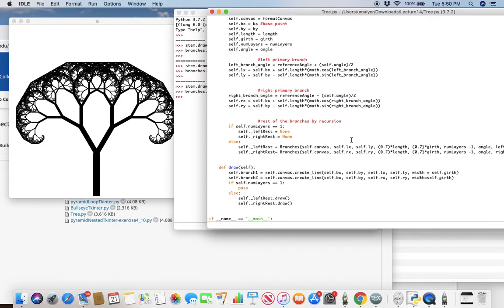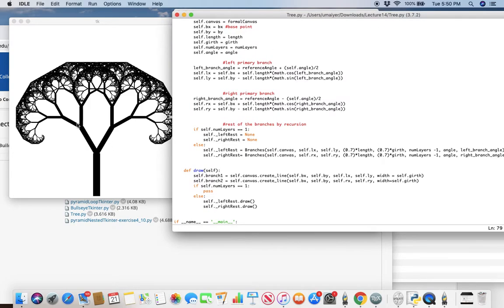Okay, so if the number of layers is 1, then no more left drawing, no more right drawing, and that's why right rest, left rest, no more. So those are none objects. If number of layers is more than 1, then left rest are branches some more. So notice branches class will come up with its own. So over here will come up with its own left and right branch, left and right branch. But you are going to reduce the length of each new branch 70%.